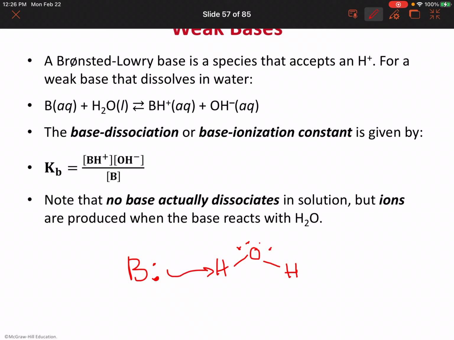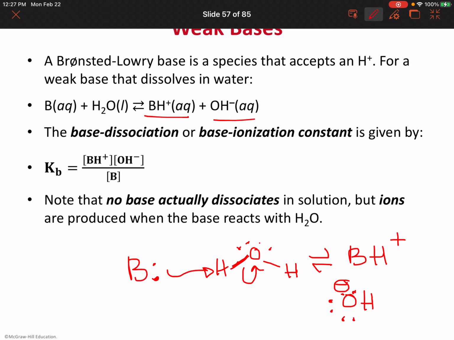So the base goes and takes this hydrogen, and the bond here breaks, giving its electron to this oxygen. So now the base becomes BH plus, and the water becomes OH minus, because now it has 6 electrons and hydrogen. So BH plus and OH minus.